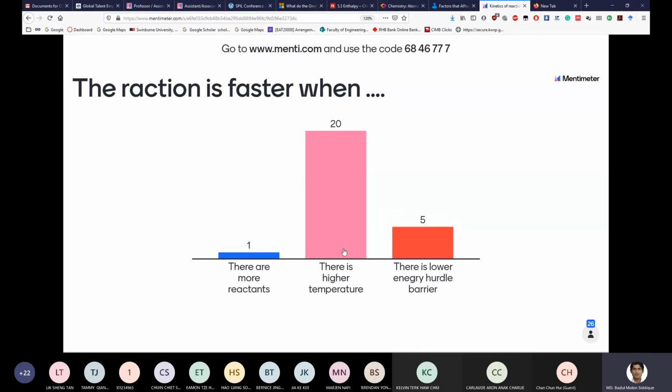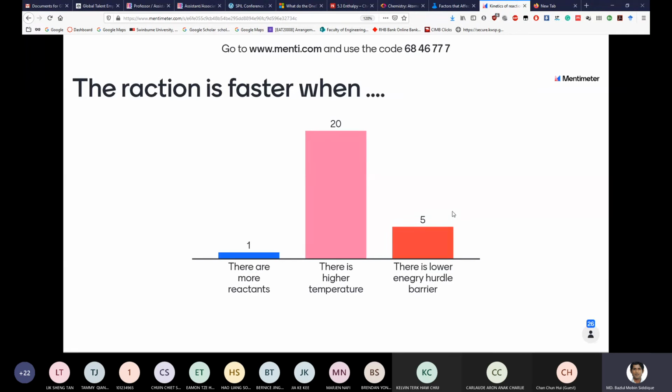The higher the temperature means that the kinetic energy of the reactants is more, so they will collide and bump into each other. That means kinetic energy is high. But a lower energy hurdle barrier is the more correct answer, because if the energy hurdle barrier is lower, that means the activation energy is low, then the reaction will be much faster.